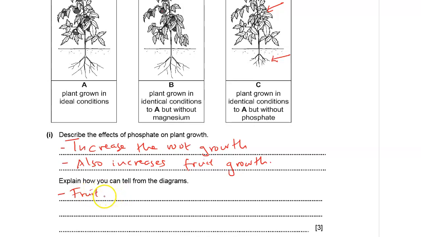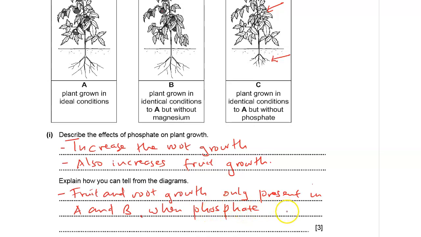So fruit and root growth are only present in A and B, when phosphate is available. Because in A and B, phosphate is present.